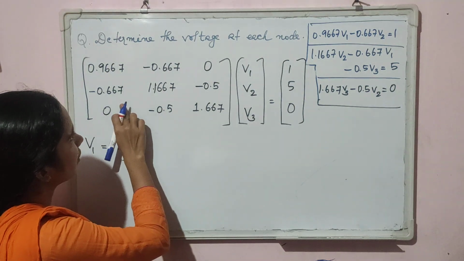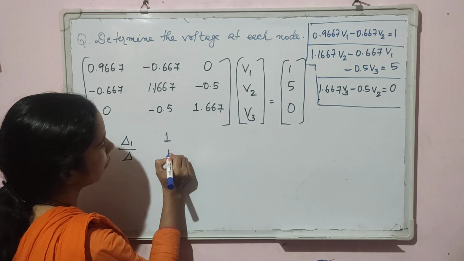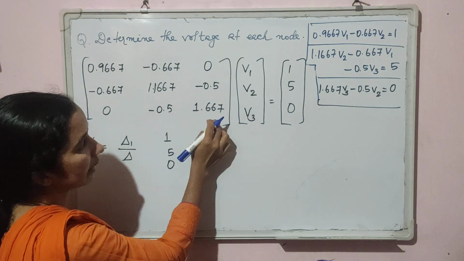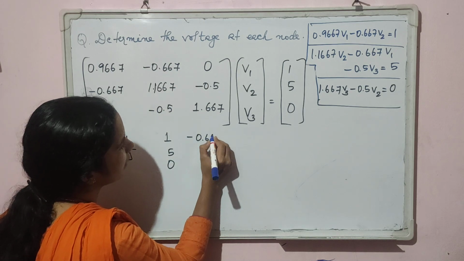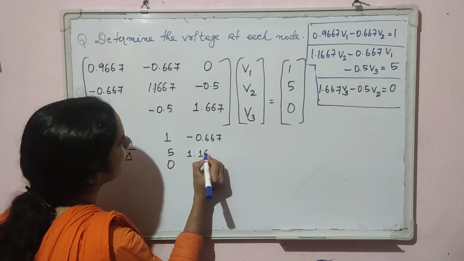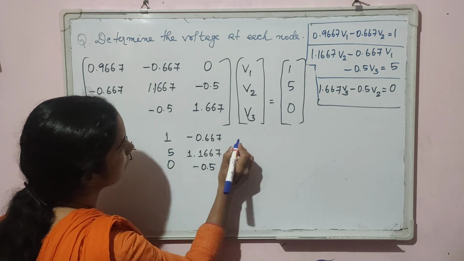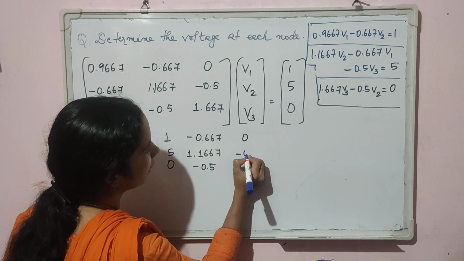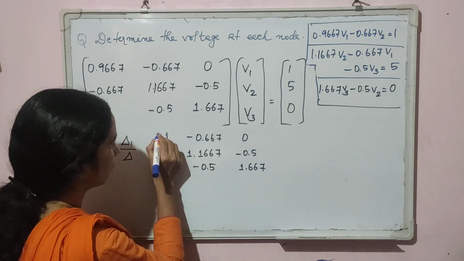So instead of first column, write 1, 5, 0. Second and third columns as such. So minus 0.667, 1.1667, minus 0.5. Third column 0, minus 0.5 and 1.667.